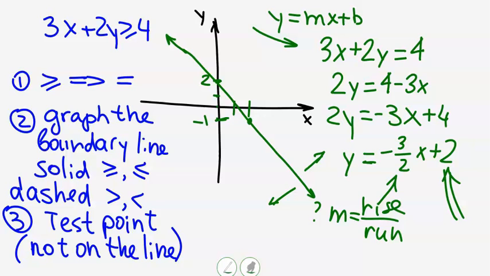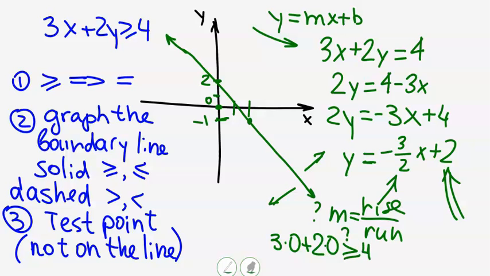So we have 3x plus 2y. So Ty, can we take the 0, 0 point? Yes, we can take this point because it's not on the line. We can see it from our graph. So we can write 3 times 0 plus 2 times 0. Will it be greater or equal to 4?